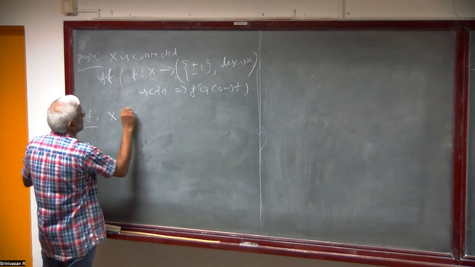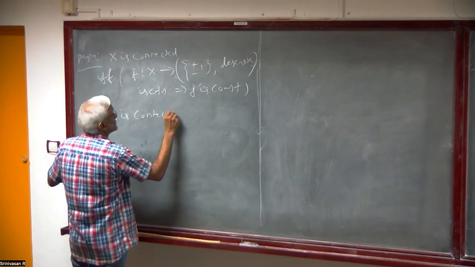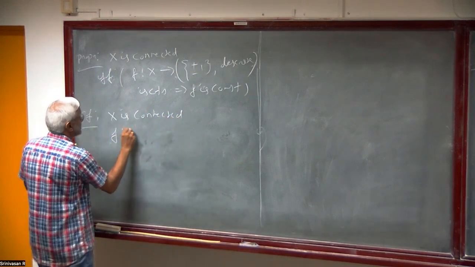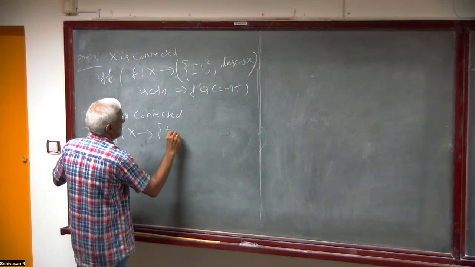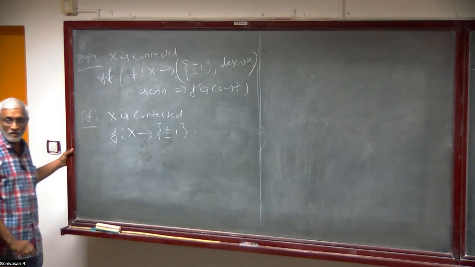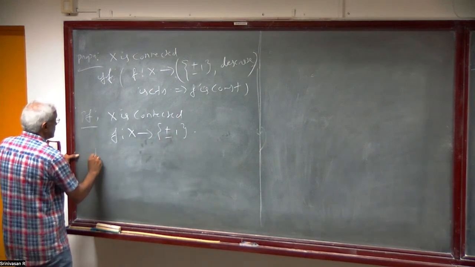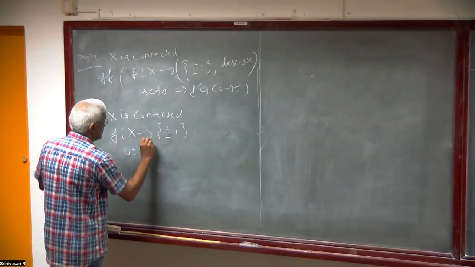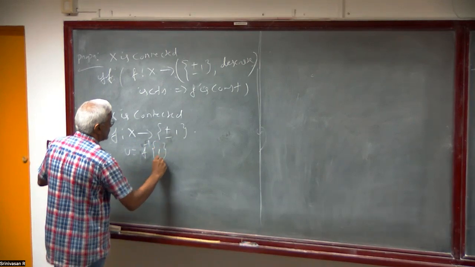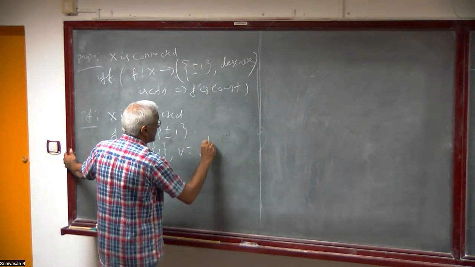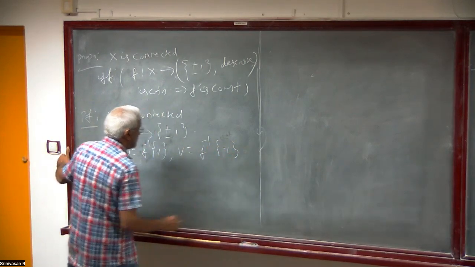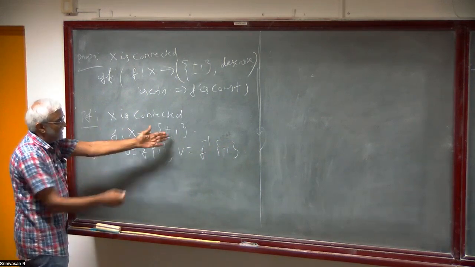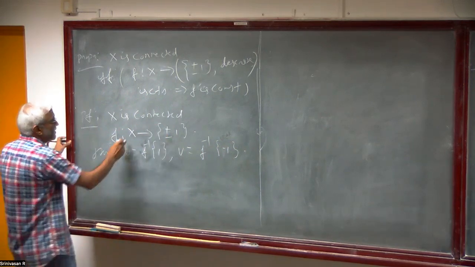Suppose X is connected, and f is a function from X to plus or minus 1. Let U equal f inverse 1, V equal f inverse minus 1. Then of course this is everything, it has to take either plus or minus 1.